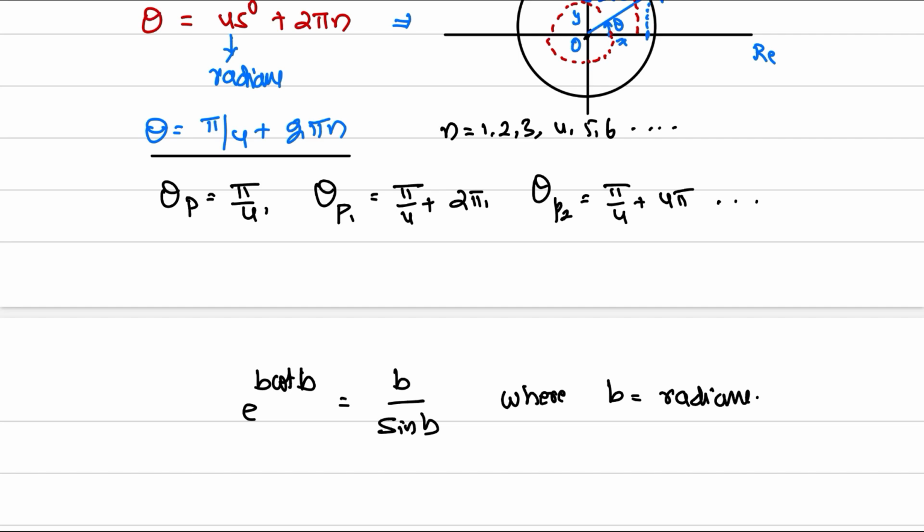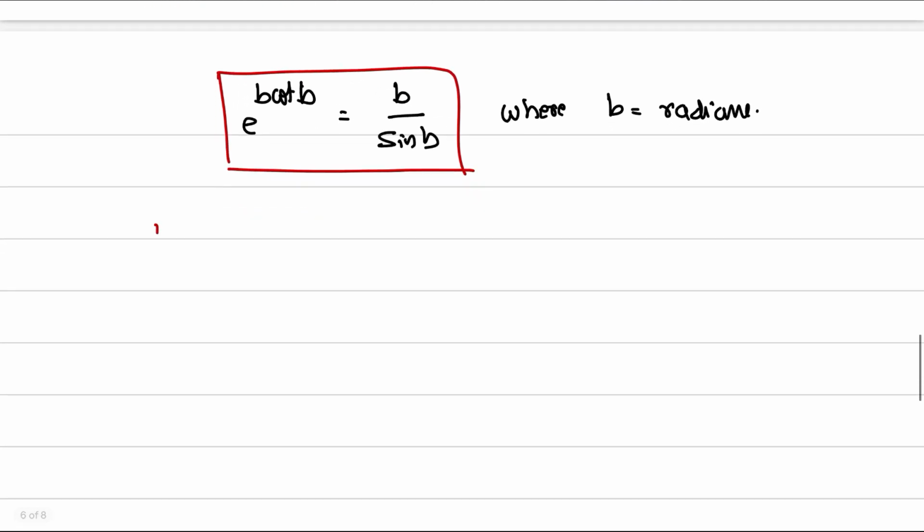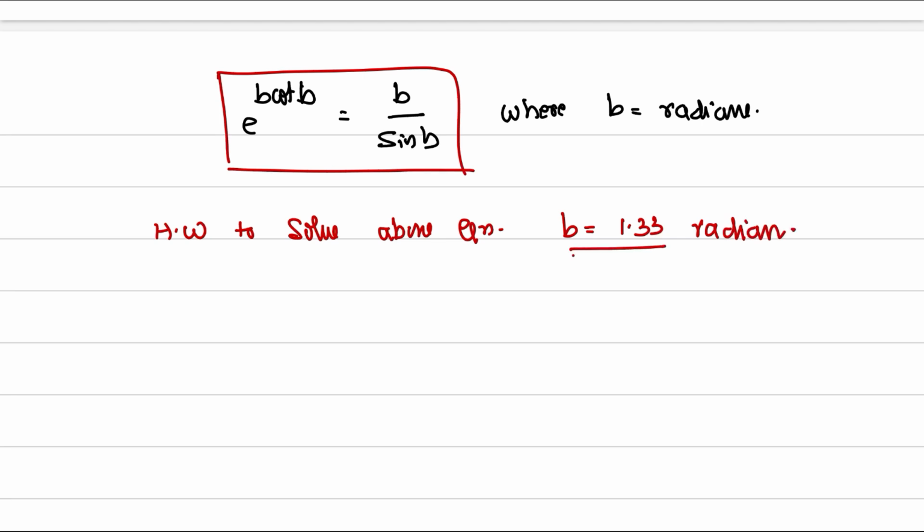For what value of b will this particular equation be satisfied? It's a simple equation. Take it as homework to solve the above equation. You adopt any method, there is no problem. The answer for b is 1.33 radians. I am taking only up to 2 digits, the value of b.